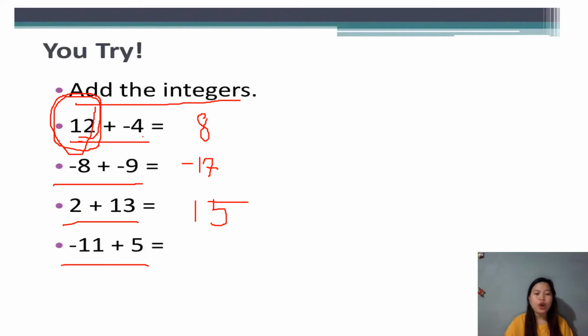For the fourth one, we have unlike signs, so we subtract. 11 minus 5, that is 6. The sign we use is negative, because 11 is bigger than 5 and it is negative.